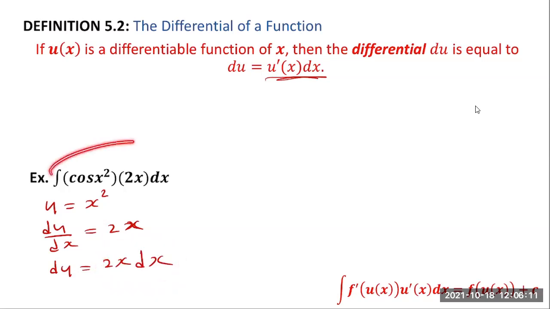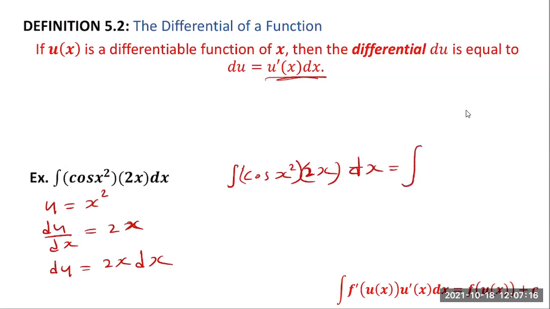Now I can write this integration purely in terms of an integration of U. That's what I'm going to do. Now my original integral, this integration, cosine x squared dx, pardon me, we should have 2x here in addition. 2x dx is equal to the integration of cosine.